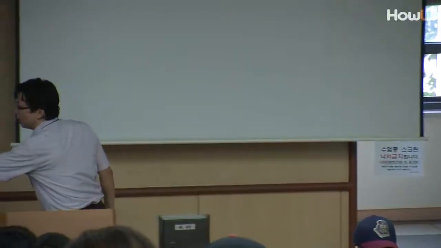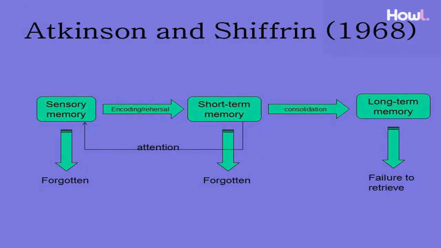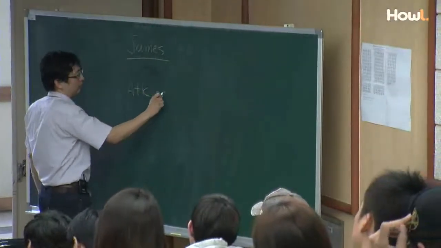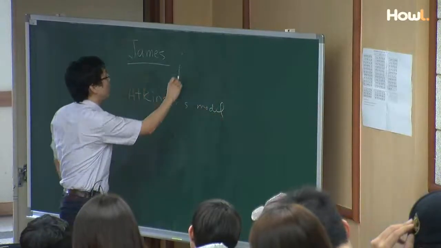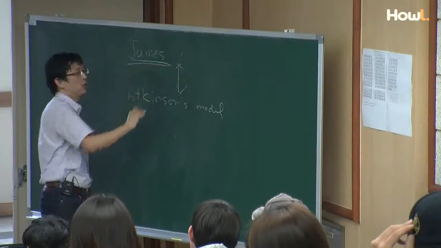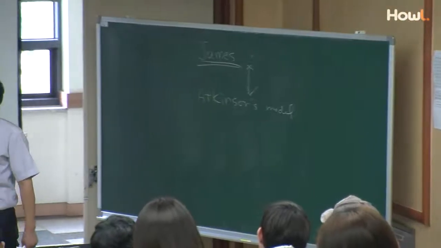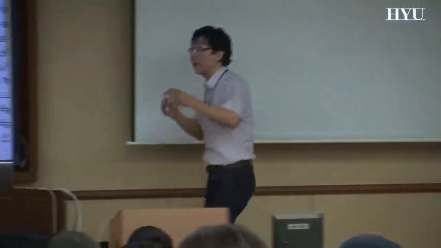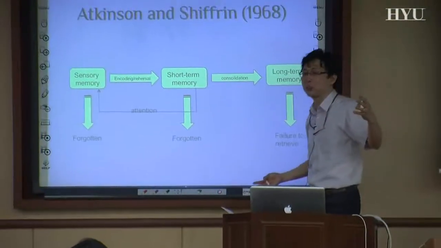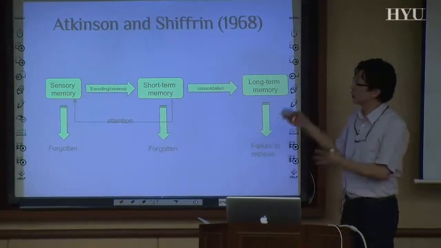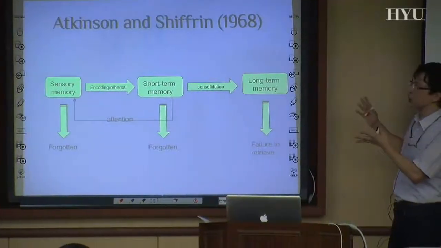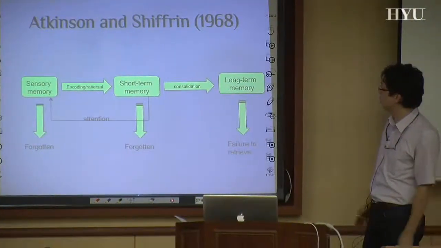The second really important thing is Atkinson. Probably you know this one, the Atkinson model. Based on many studies after James first proposed primary and secondary memory, in 1968 we had significant improvement in experimental methods. Atkinson well summarized the whole research outcomes like that.